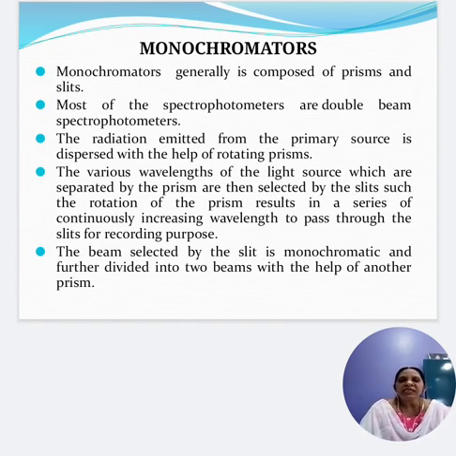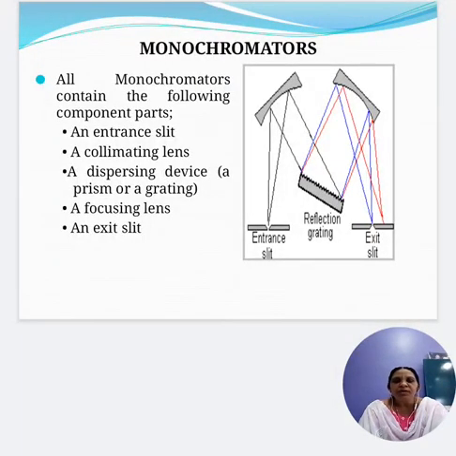The beam selected by the slit is monochromatic and is further divided into two beams with the help of another prism. So, this is the monochromator.